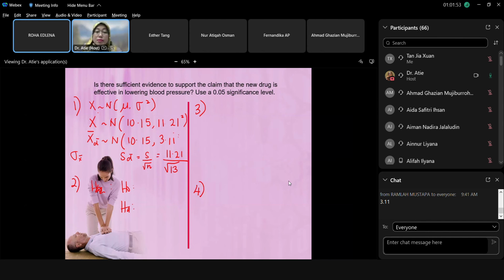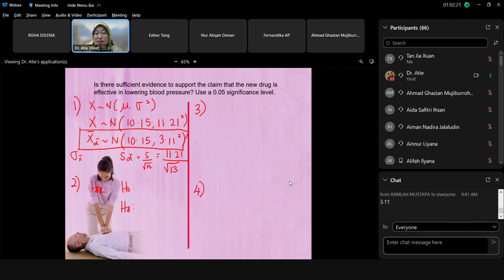Okay, squared, right? So once you get this new distribution, don't forget to box it. Why do I always ask you to box it? To remind you, these are all the values that you need to use for the next steps, all right? Because we are human, sometimes we look at all the numbers and take the 11.21, so it's going to be wrong, right?